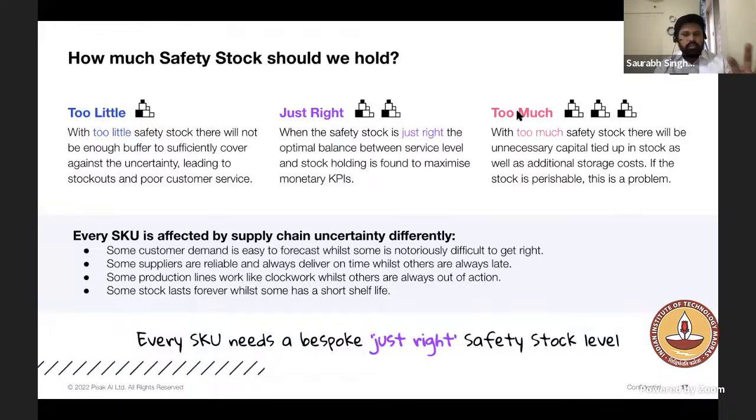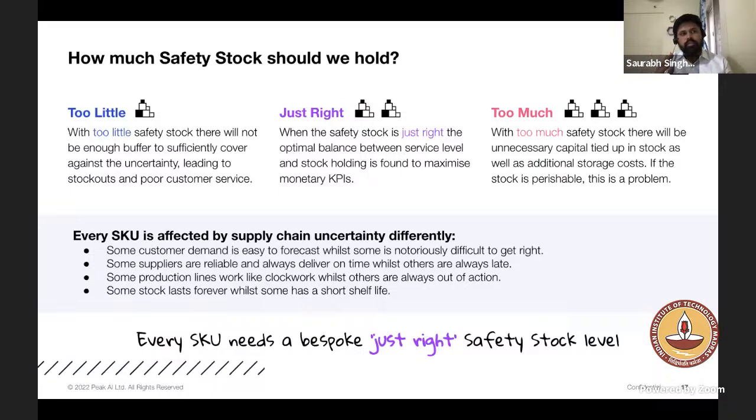You obviously cannot have too much safety stock. So you have to have just the right safety stock, which is the optimal balance between your service level and stock holding, found to maximize the monetary KPIs. That essentially means there is a trade-off in your safety stock.